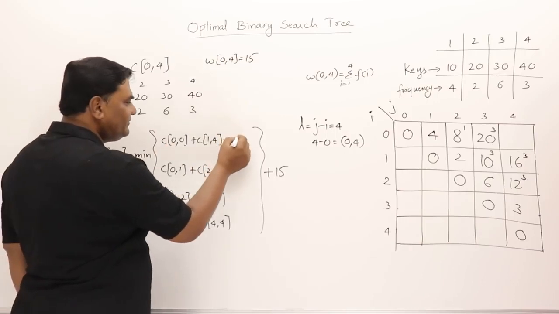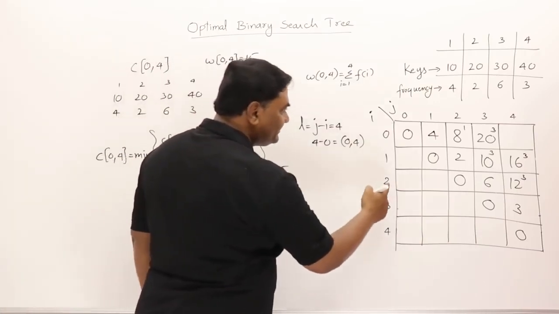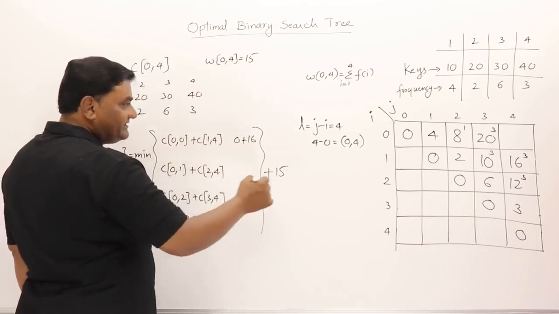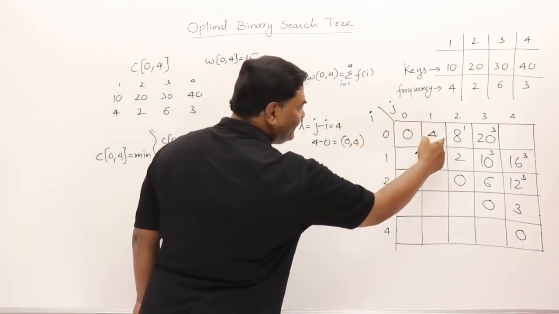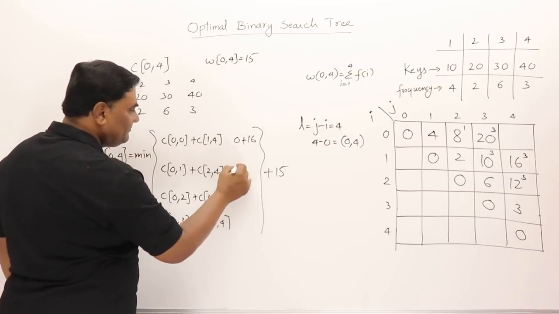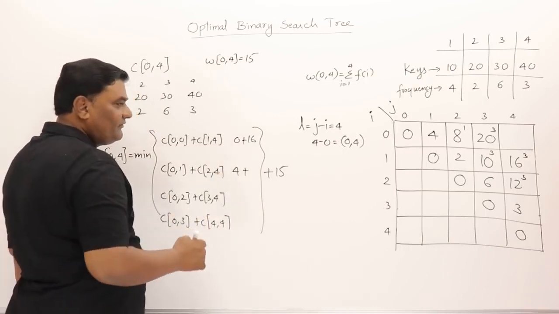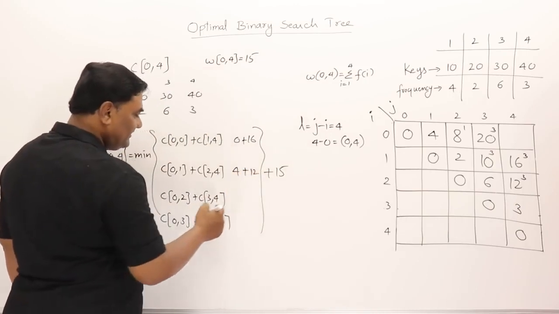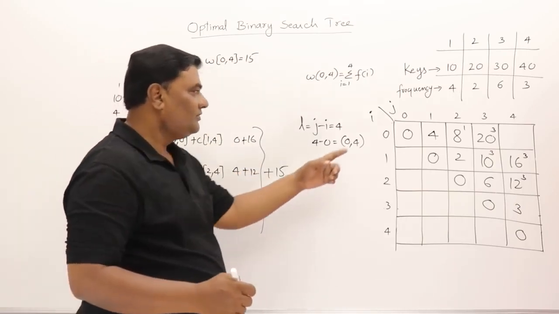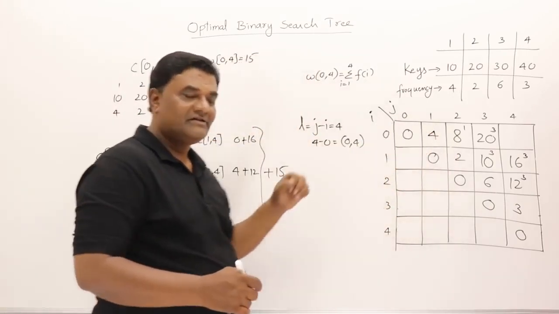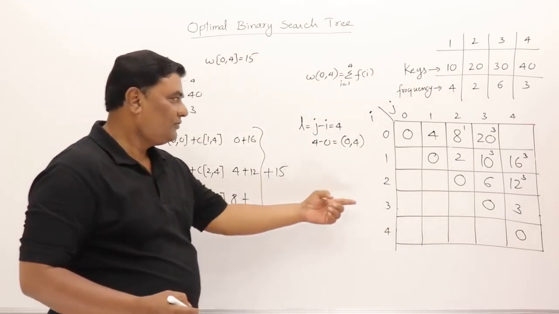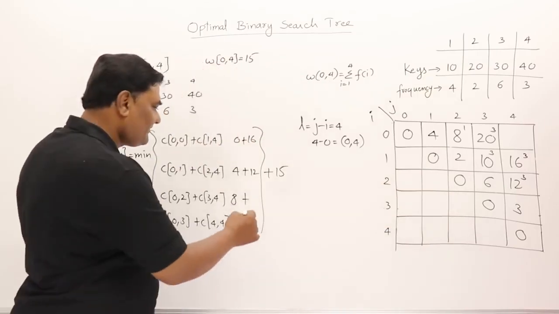Right? So I will write down their values here. So this is 0 plus C of 1, 4. How much is 1, 4? 1, 4 is 16. Plus 0, 1 is 4, plus 2, 4. 2, 4 is 12. Then 0, 2, that is 8, and 8 plus 3, 4 is 3.